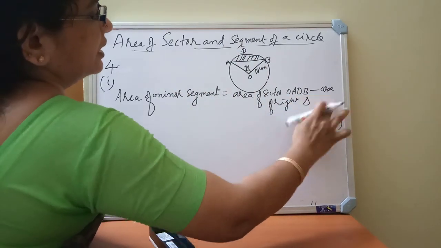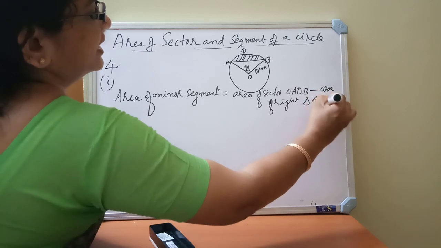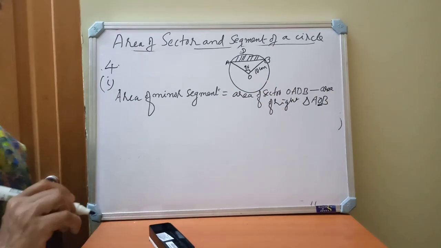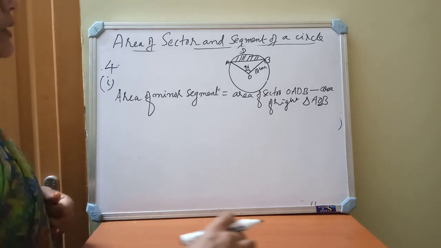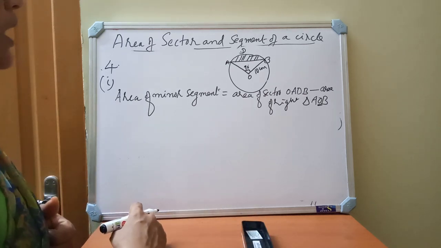You can write triangle AOB because 90 degrees angle O, so I will keep the middle letter as O.